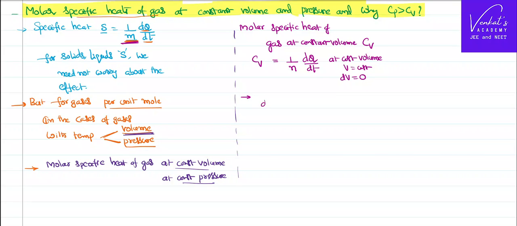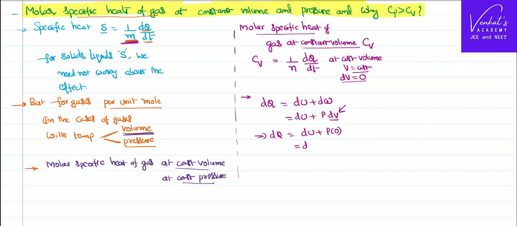As per the first law of thermodynamics, total heat energy supplied to the system is the change in internal energy and the external work done by it. As I have derived, external work done can be written as PdV, where dV is change in volume. As volume is constant, dV equals 0. That implies dQ is dU plus PdV equal to dU.